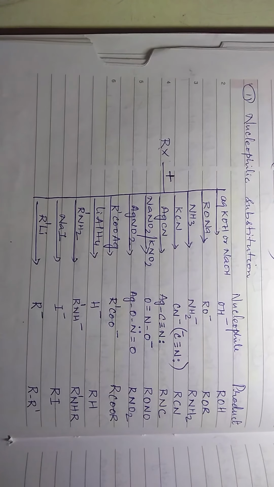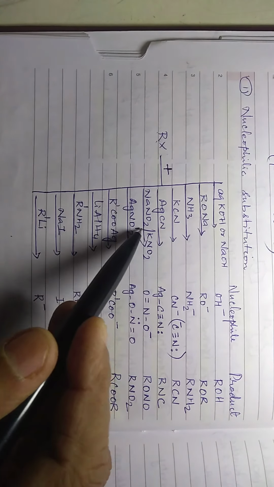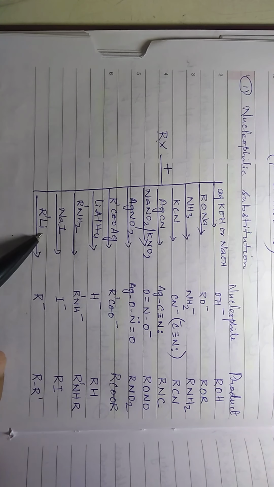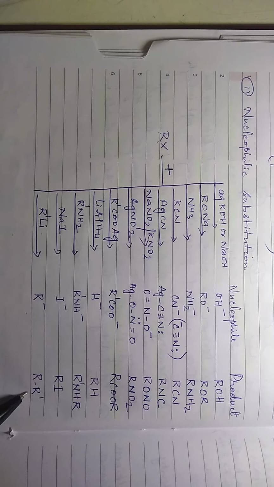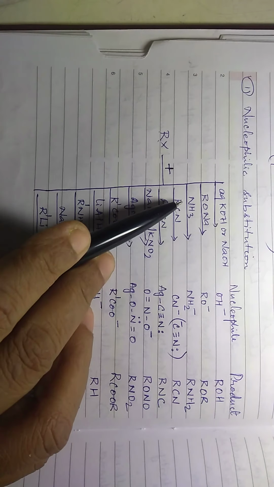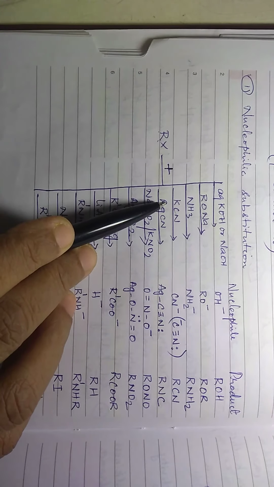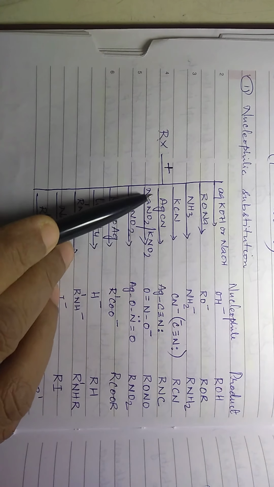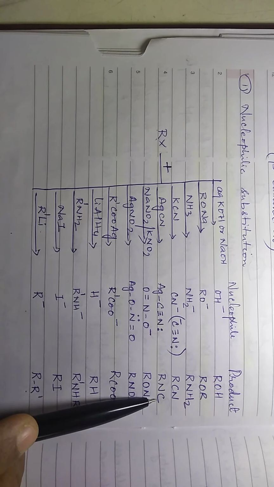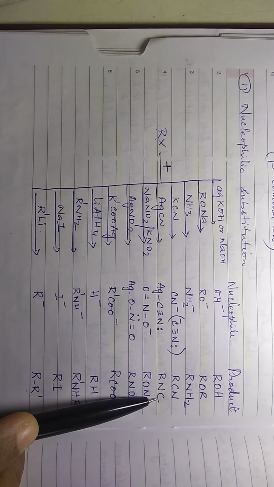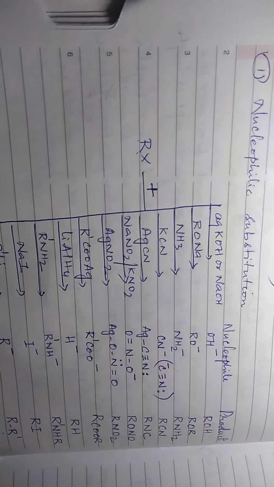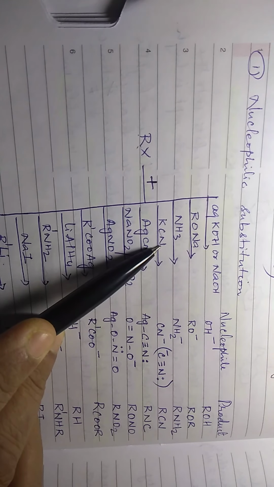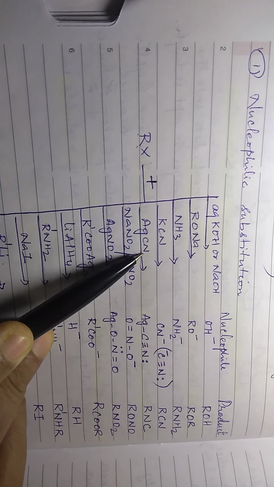Right. Now again come back. All the compounds with which RX is treated I have given, and the corresponding product also I have given. Just go through it. With ammonia you will get amine, with KCN you will get cyanide, but with AgCN you will get isocyanide. Okay, now why with KCN you are getting cyanide, with AgCN you are getting isocyanide?